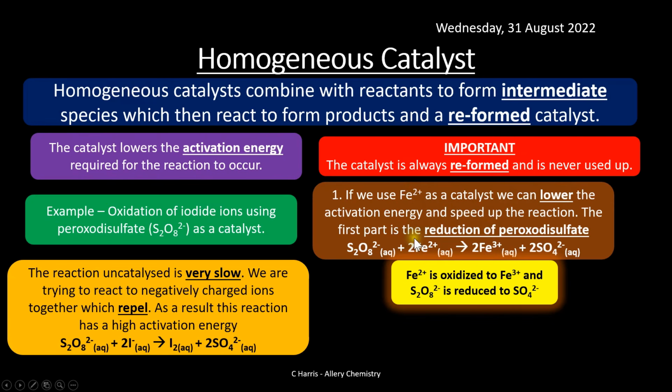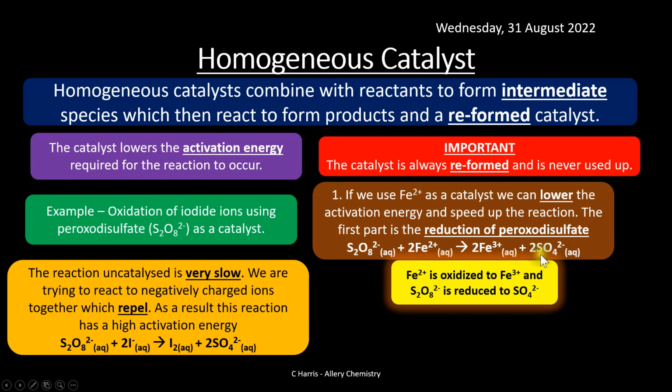The first part is the reduction of peroxodisulfate. So peroxodisulfate reacts with Fe2+. They're more than happy to react, they're oppositely charged, no issues there. So that reacts and you form Fe3+, so the Fe is oxidized, as you can see there, and the peroxodisulfate, S2O8 2-, is reduced to 2 molecules of SO4 2-.